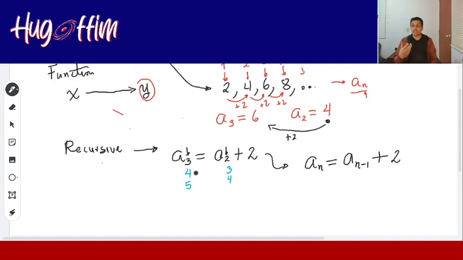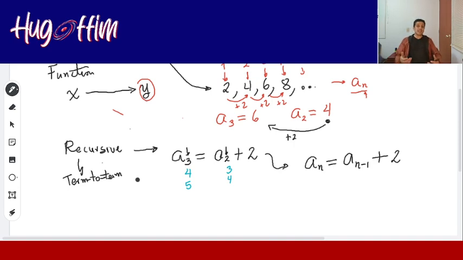You just need to observe what is the term-to-term rule, or how to pass from one term to another. And this is the operation we apply here. Observe that here I'm just generalizing the fact that one term comes from the term behind plus 2. Okay? This is how you get the recursive formula.